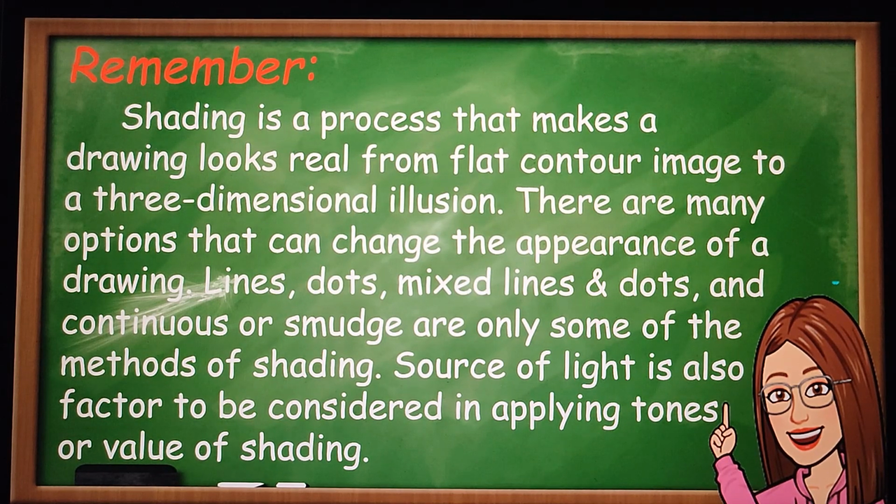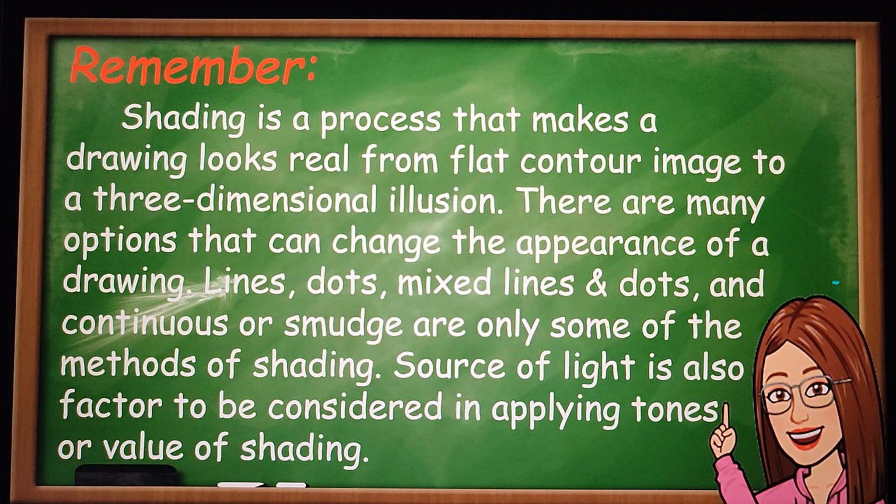There are many options that can change the appearance of a drawing. Lines, dots, mixed lines and dots, and continuous or smudge are only some of the methods of shading. The source of light is also a factor to be considered in applying tones or values of shading.